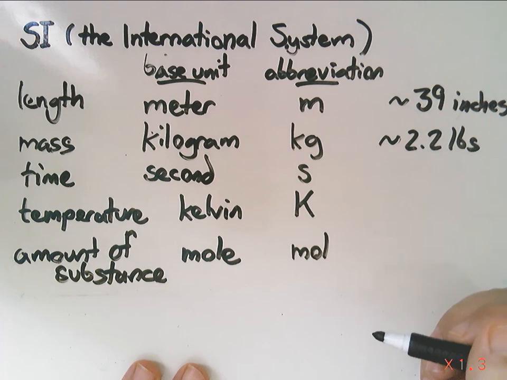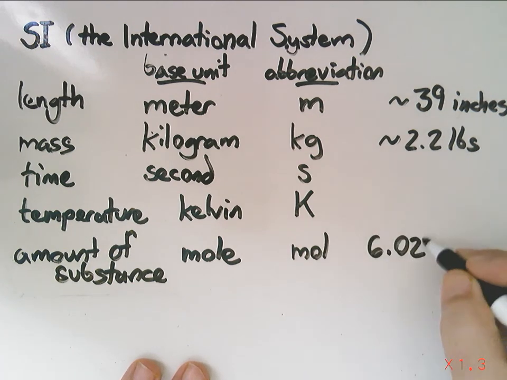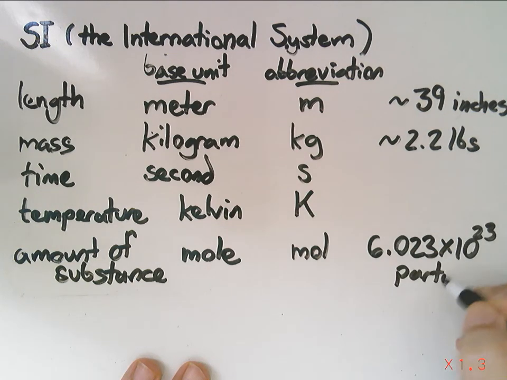The mole is much larger than that. It's something like 6.023 times 10 to the 23rd particles. So it's a crazy large number. This would be a 6 basically with 23 zeros after it. That many particles. Why so large a number?